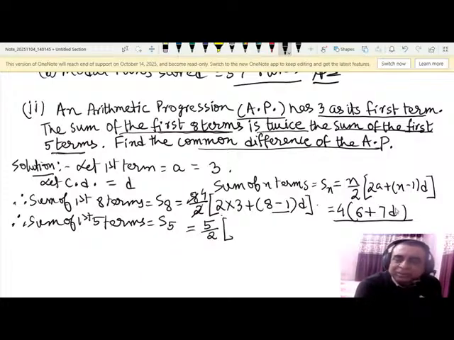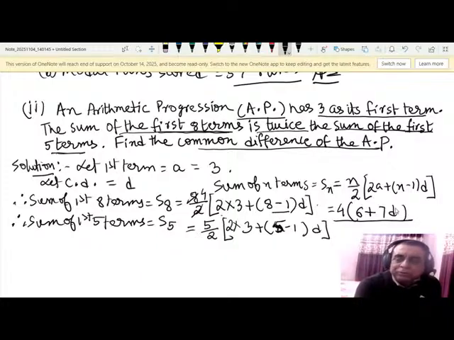In the place of n we will write 5. n denotes the number of terms, multiplied with 2a. a value is 3. So 2 times 3 plus n minus 1, n is here 5, so in the place of n you write 5, minus 1 times d.